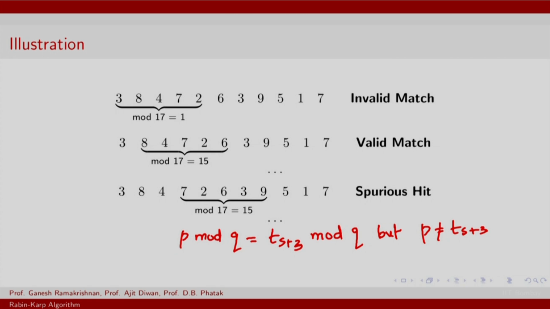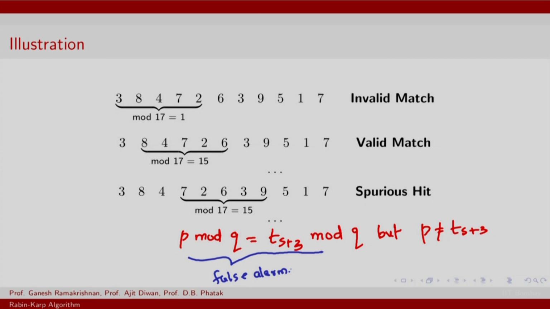So there was a false alarm that the hash value collision alerted us to. So this is the price we need to pay for computing the hash function.